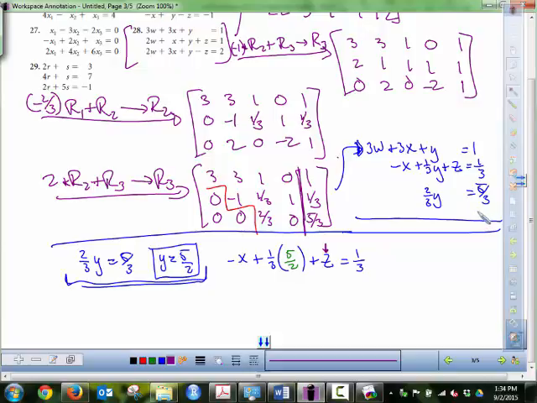So we have a little bit of an issue here, and the issue is that if I'm back solving, I want to fill in my variables from the bottom to the top, from the last variable to the first variable, and we didn't get a value for z. So what we're going to do is, let's just make this value for z arbitrary. Let's call it t.